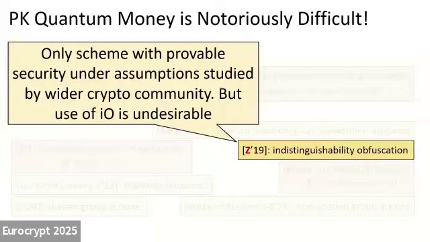And we do have one construction of this flavor. This was something we showed a few years ago based on ideas in prior work. We know how to construct public key quantum money from what is called indistinguishability obfuscation. And to date, this remains the only scheme with provable security under assumptions studied by the wider cryptography community.